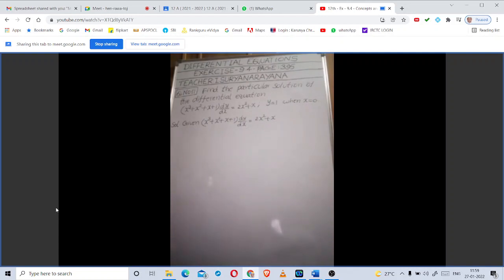In the previous problems, we did not get the value of the constant of integration. Yes or no, my children? In this case, we get the value of c. That is the only difference between the general solution and the particular solution of the differential equation. Understood the difference? Right. Come to the solution part. Given x cube plus x square plus x plus 1 into dy by dx is equal to 2x.